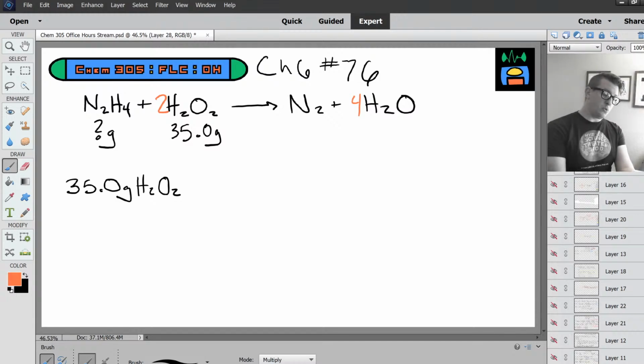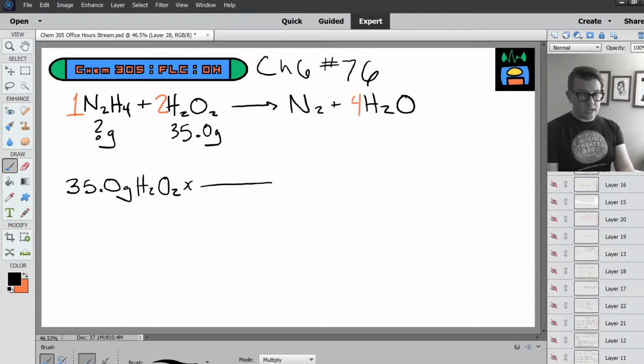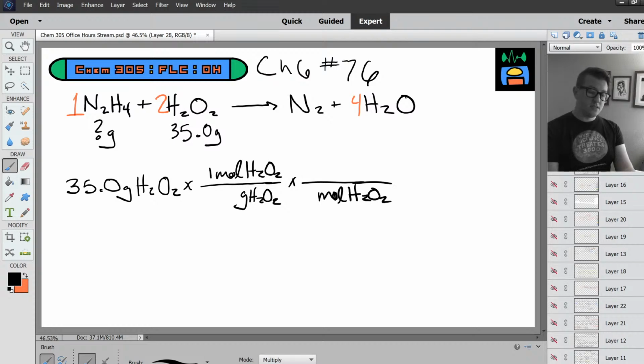Now we know the molar ratio is a 2-to-1 ratio. 2 moles of hydrogen peroxide reacts with 1 mole of hydrazine. Before we can use this ratio given by the balanced chemical equation, we need to convert our mass of hydrogen peroxide to moles. Once we have that, this is where our balanced chemical equation kicks into gear, because we know the unit conversion for moles of hydrogen peroxide to moles of hydrazine from the balanced chemical equation.